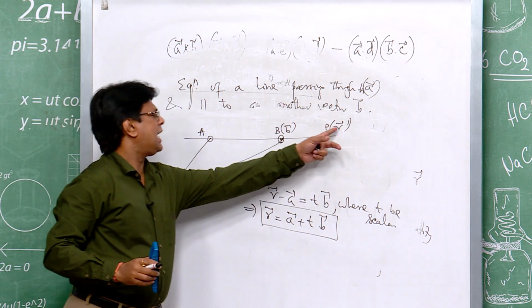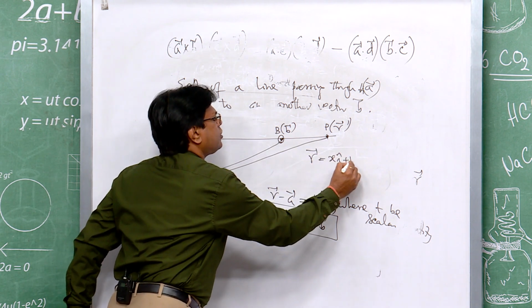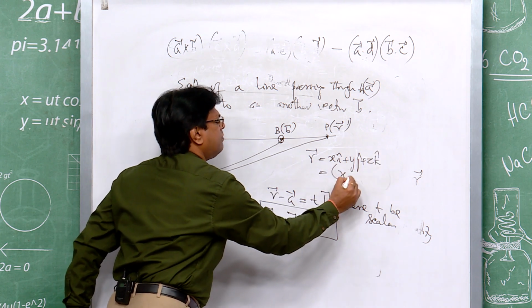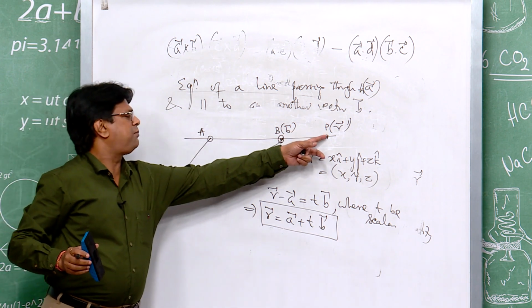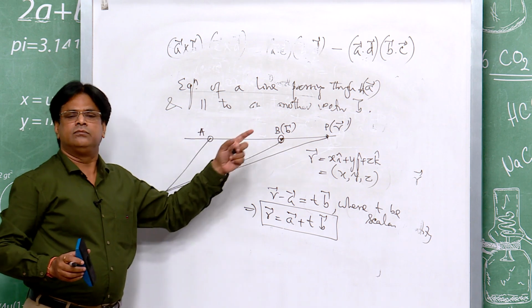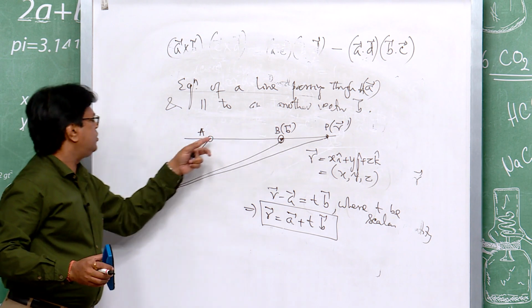So, r vector is nothing but xi plus yj plus zk, or this is (x, y, z). This variable point moves hither and thither, forming a line. So, this is the locus of the point P. So, this line passes through A and B.